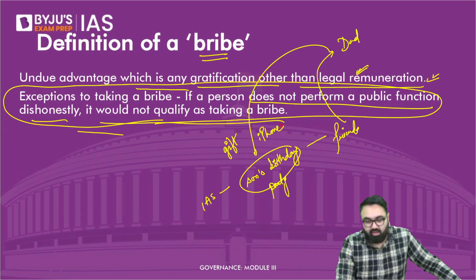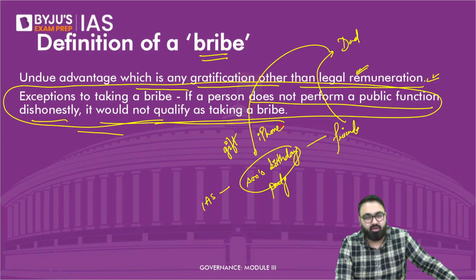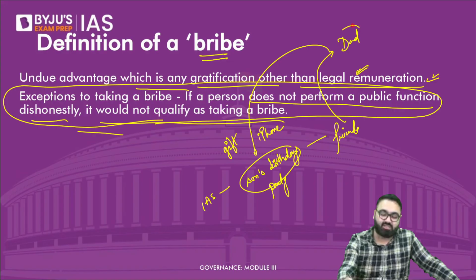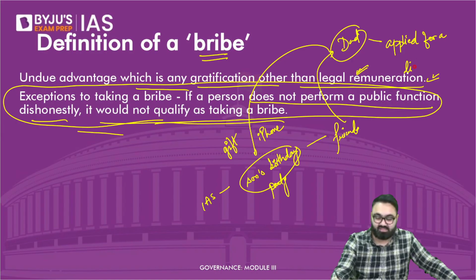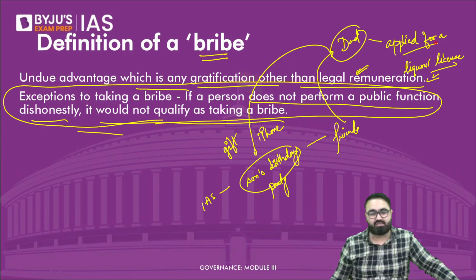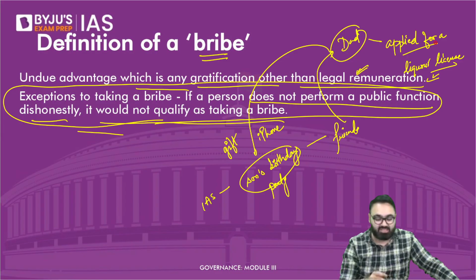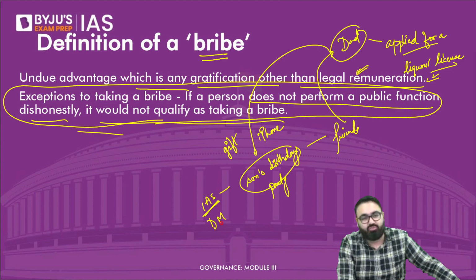A few days later, this person applied for a license, let's say a liquor license. In order to open an alcohol shop, you need a license, right? So he applied for a liquor license, and the DM, the IAS officer, will decide who will get the liquor license.